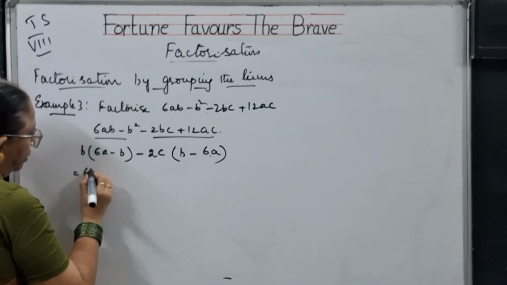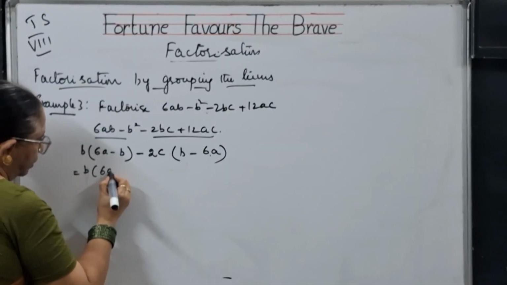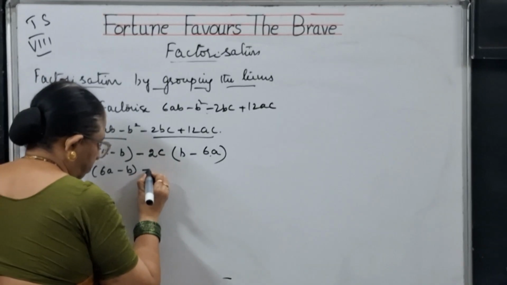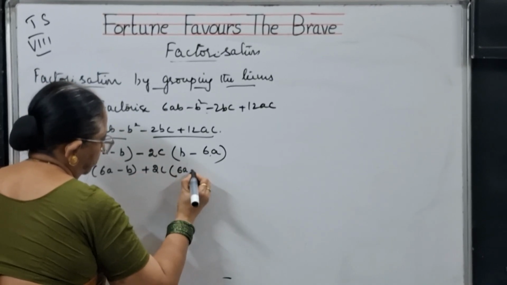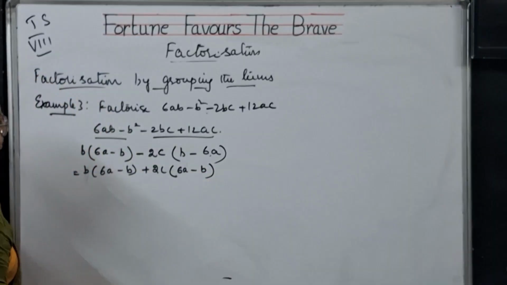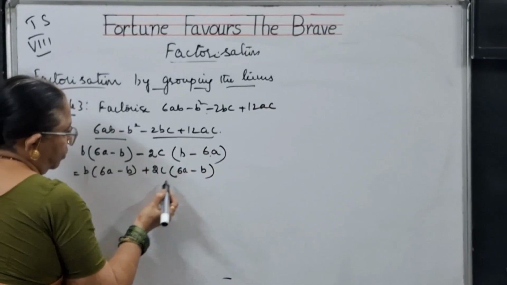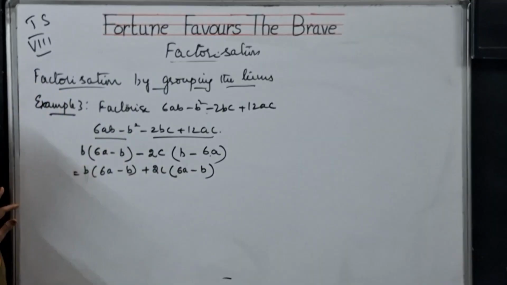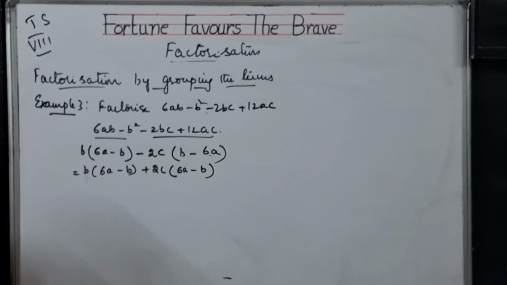So you can even write this as b into (6a minus b) plus 2c into (6a minus b). So when I take it like this, 6 2s are 12ac with plus sign I got. Plus into minus, minus 2b into c, minus 2bc. So in any way you are getting the same answer.